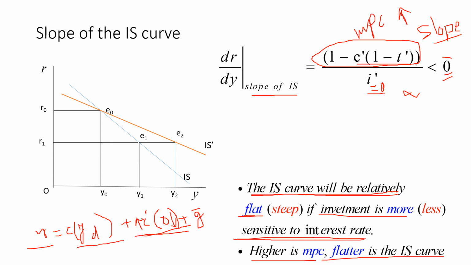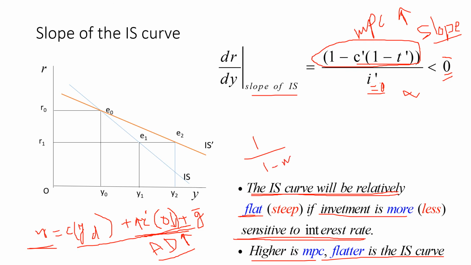When R is decreasing, aggregate demand is increasing. And if aggregate demand increases, Y will increase by the multiplier times the change in aggregate demand. As we know, the value of the multiplier is determined by MPC, and from our previous discussions we know that the multiplier is 1 by 1 minus MPC.